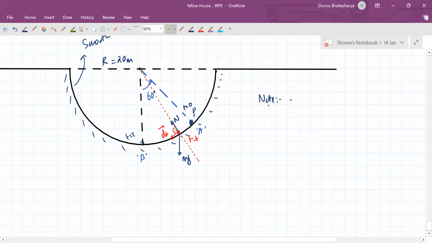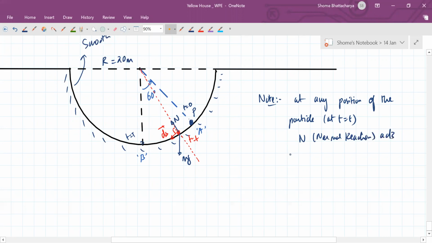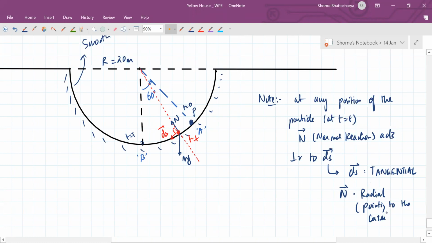So at any position of the particle, normal reaction acts perpendicular to the differential displacement ds, because ds will be tangential or along the tangent, and normal reaction will be radial, okay, pointing to the center of that hemispherical path.